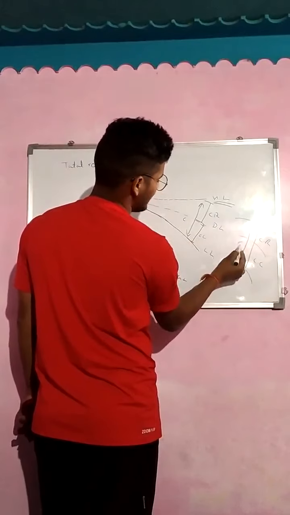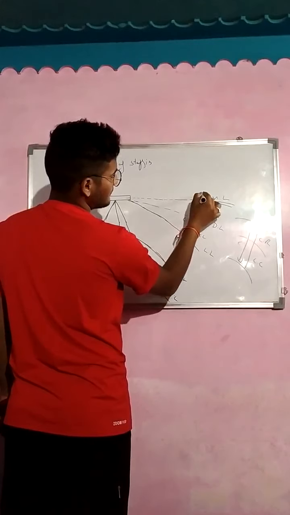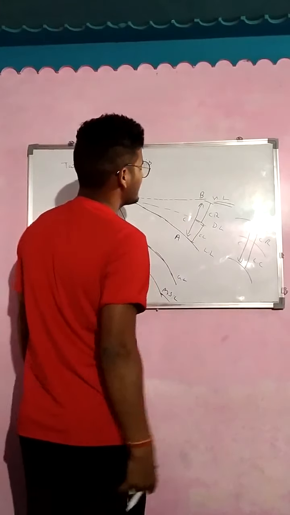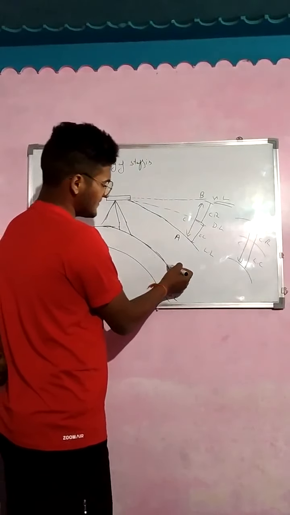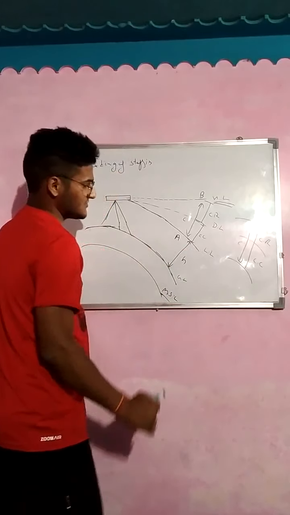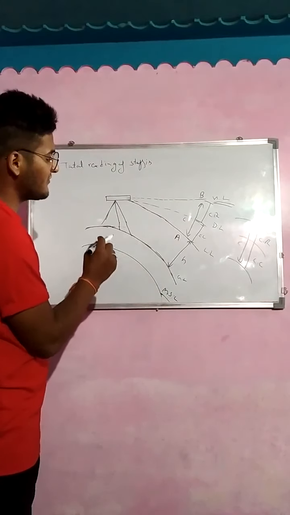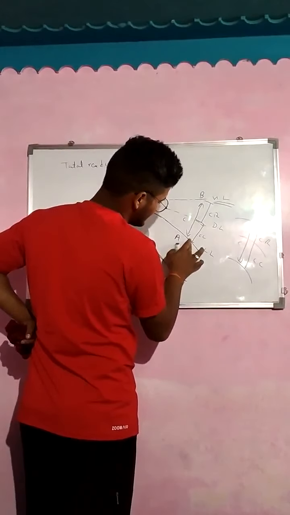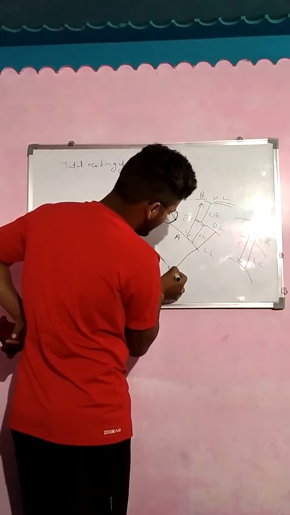Okay, C. If we consider it as A, B or C, this point is A and this point is B. Okay, so now अब क्या होगा, अब हमको फाइंड आउट करना है, this is the reading taken by the staff, this value is H. So the corrected staff reading is, in actually what we are going to measure, this is not H. H is from ground level to the point of deflected level.